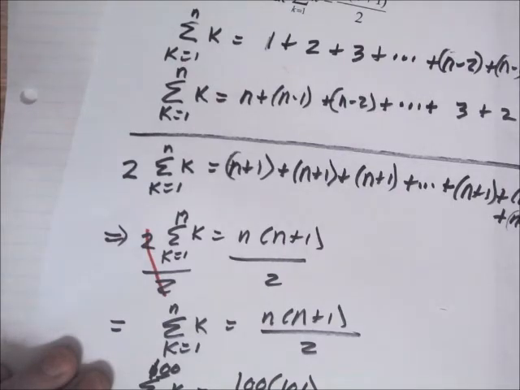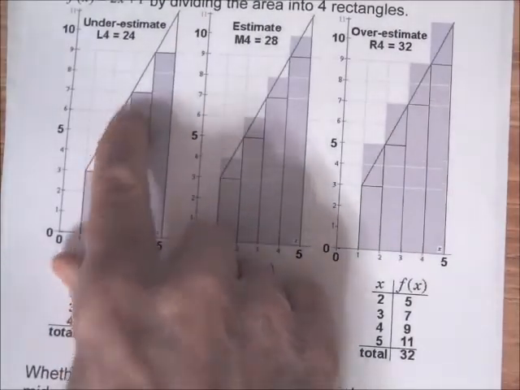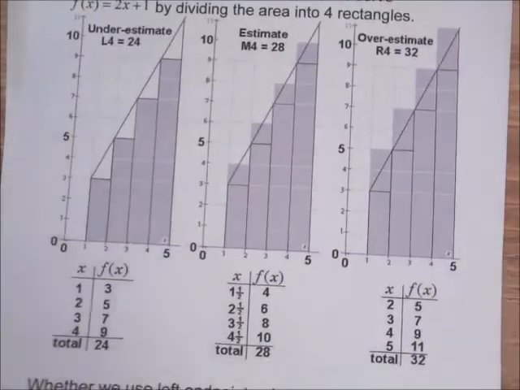do an example of where we take the limit. So this is that same function we were working with before, f of x equal 2x plus 1. And we used 4 rectangles, but we said as we increase the number of rectangles, the area in the rectangles should approximate the area under the curve, under the line f of x equal 2x plus 1.